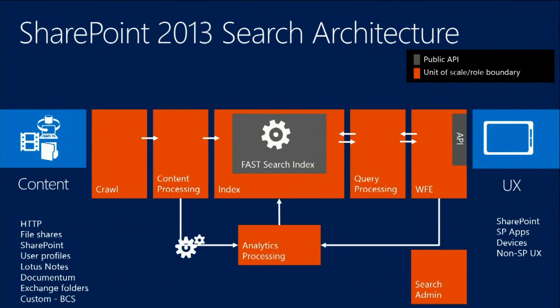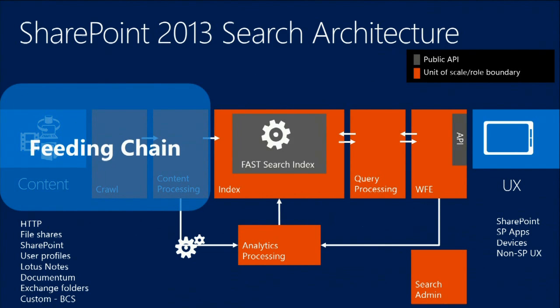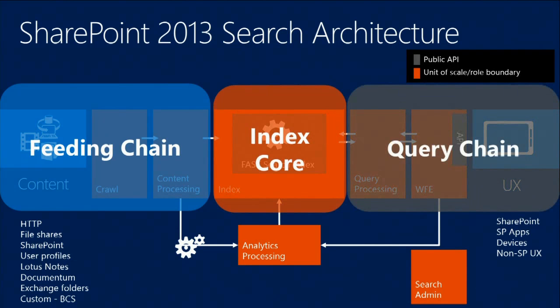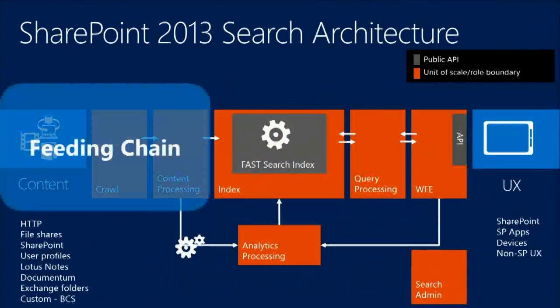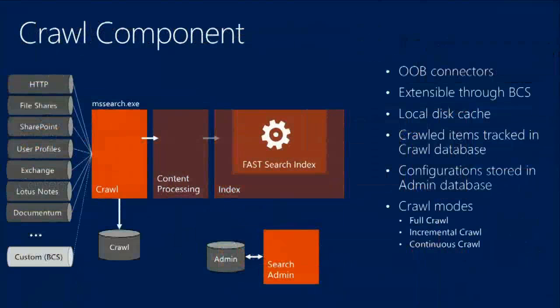So there's a lot of new functionality and features in the product. All the orange boxes are within the search service application and is a unit of scale. The different components we have can be grouped into the feeding chain, the index core, query chain, and the analytics service.